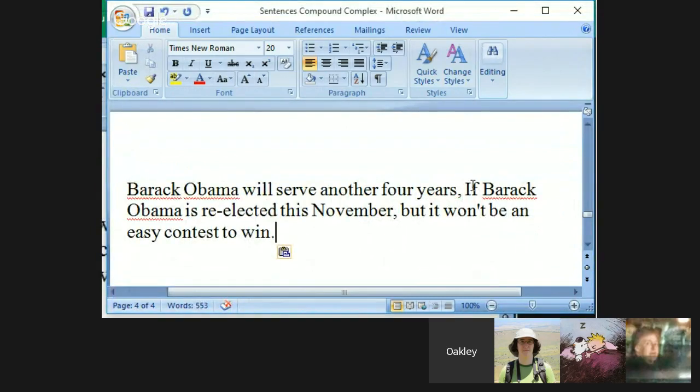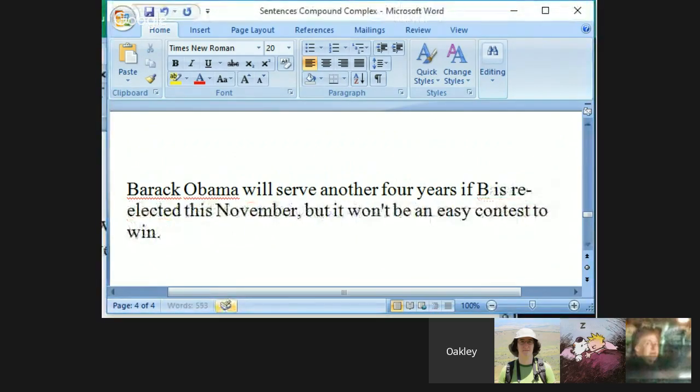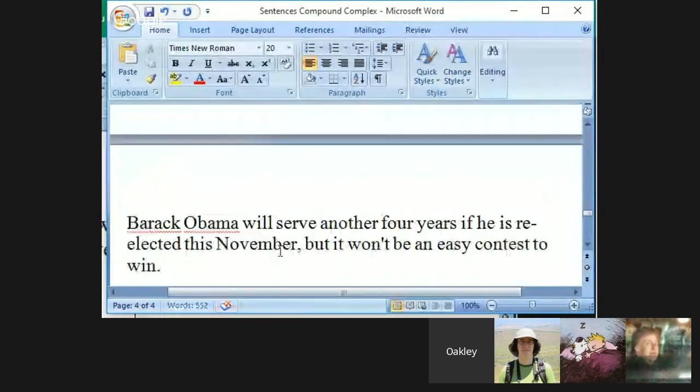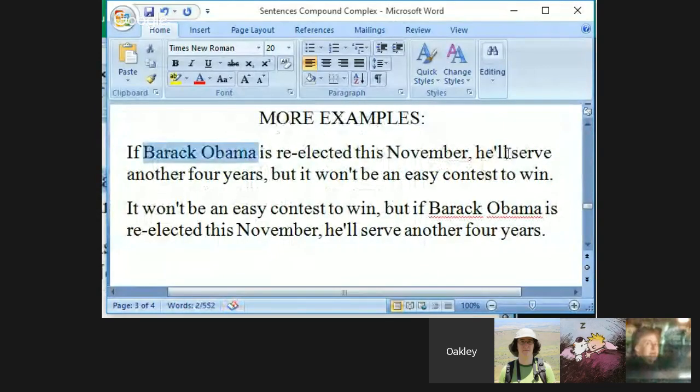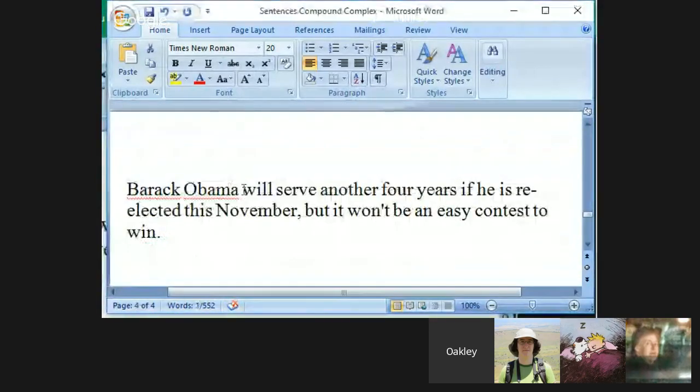Obviously, I don't need a capital on the if, but do I need a comma here? No, actually. You're absolutely correct. If an independent clause is first, followed by a dependent clause, I do not need a comma. And Barack Obama should be he, because when I change the clauses, I have to change the pronouns around because the formal noun has to be first.